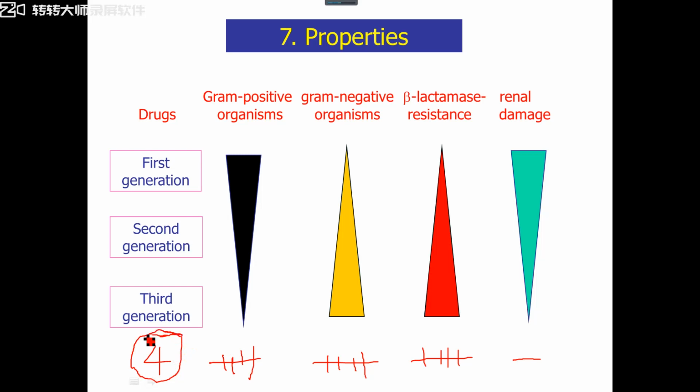Because they are powerful, that also means most expensive. So the fourth generation cephalosporins are not the first choice, they should be the last line. Okay.